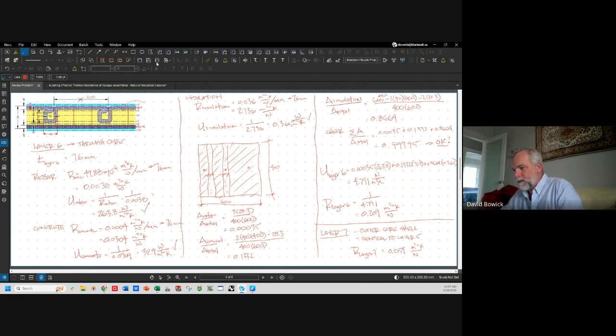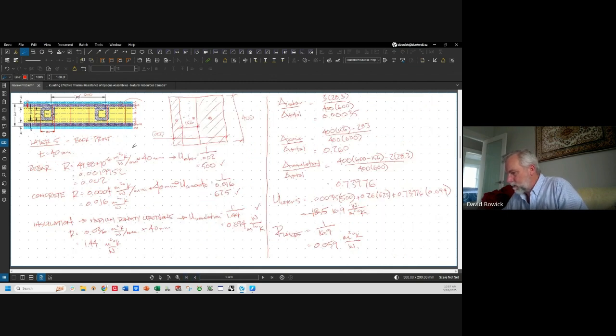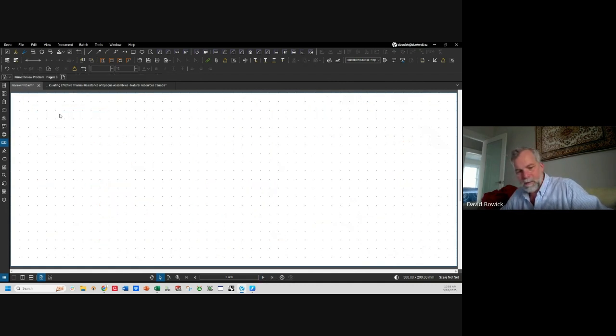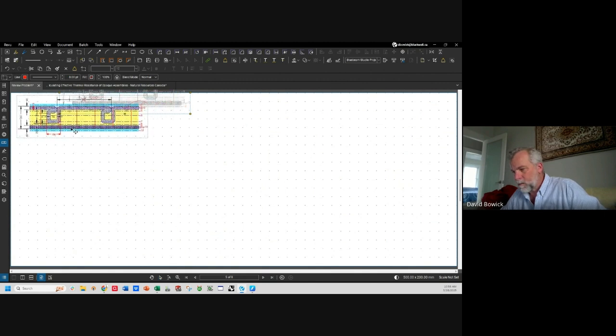And moving on to layer 8. So again, I'm going to copy this. So layer 8 is just the insulation. I'm going to call this the thermal break layer. It's the separation.